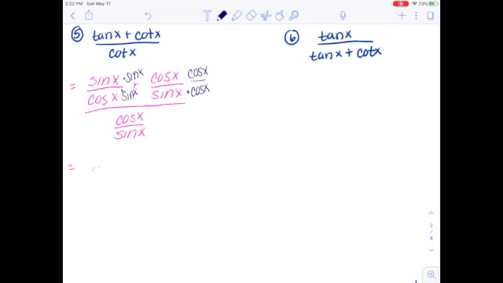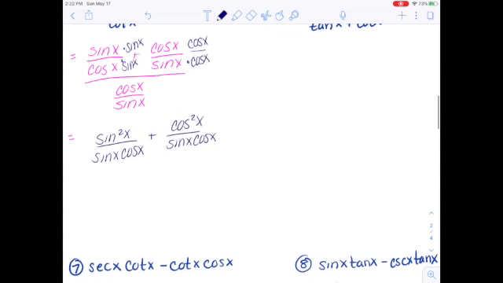And you're left with, in that numerator, sine squared of x over sine of x cosine of x plus cosine squared of x over sine of x cosine of x.